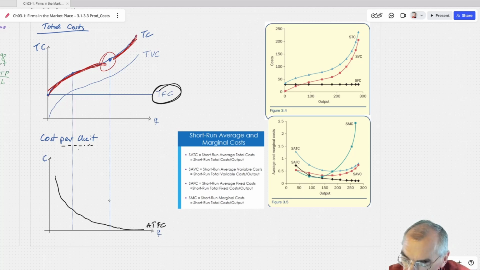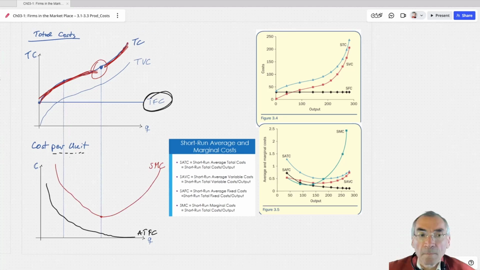It has a minimum, in fact, here, and before this point it goes down, and then after the point it goes up. This fact that the short-run marginal costs have their minimum here is hopefully clear to see. If not, of course, we have the possibility in class to discuss your questions.